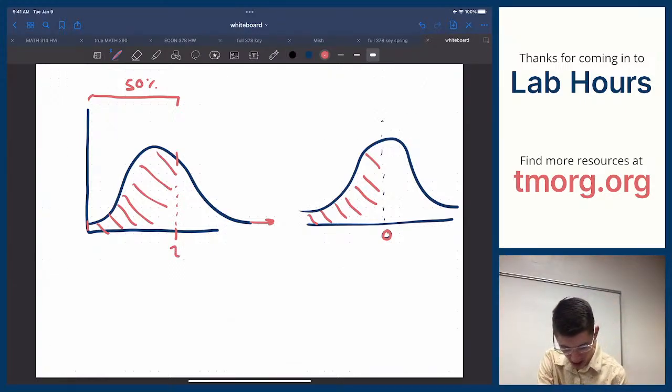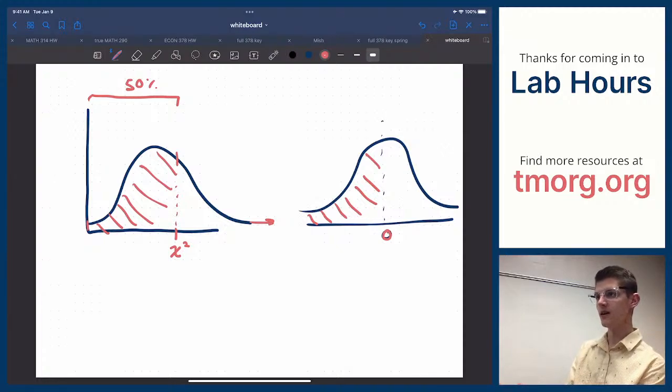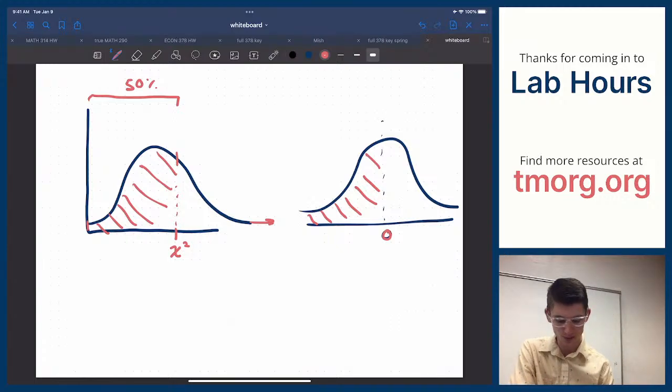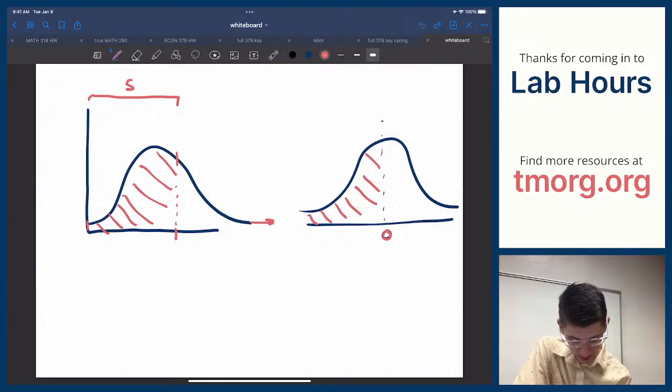Whatever this value is, let's say it's a chi-squared, it is a value that has 50% to the left of it. 50% is a bad example here because it's symmetric, so I also have 50% to the right. But let's say, for example, that instead of being 50% up here, this is actually 60% of the chi-squared distribution. And here's a chi-squared score.